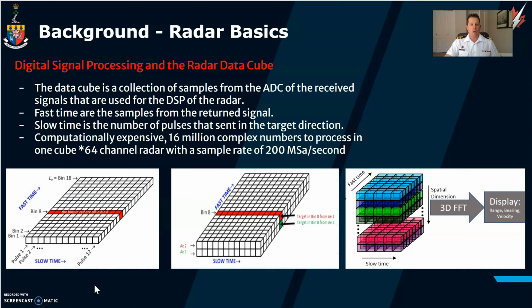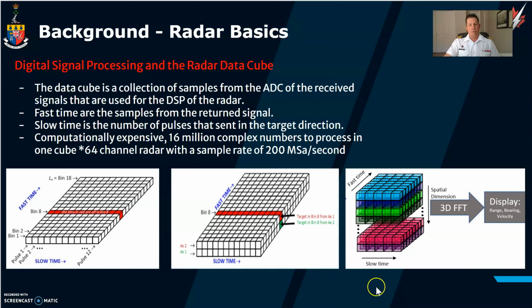In this case, there are 12, and the pulses are called slow time. Each antenna in the radar, and in the radar case there are often several antennas, produces a slice of the radar cube like this. In the second picture, we can see that the first antenna is red, and then the second antenna in green, and again, both in fast and slow time.